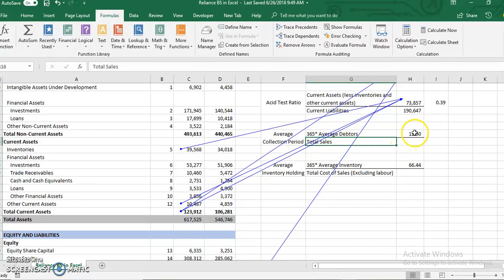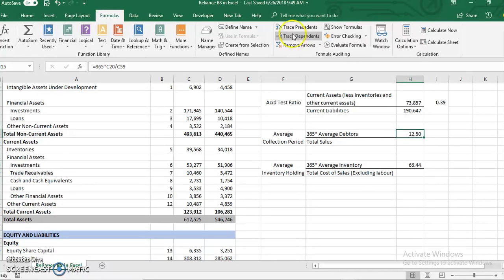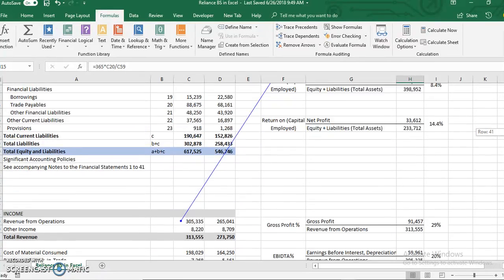So that leads you to the formula like this. Just remove the arrows first, and then we look at the arrow again here. So this one, divided by, multiplied by 365, divided by total sales.